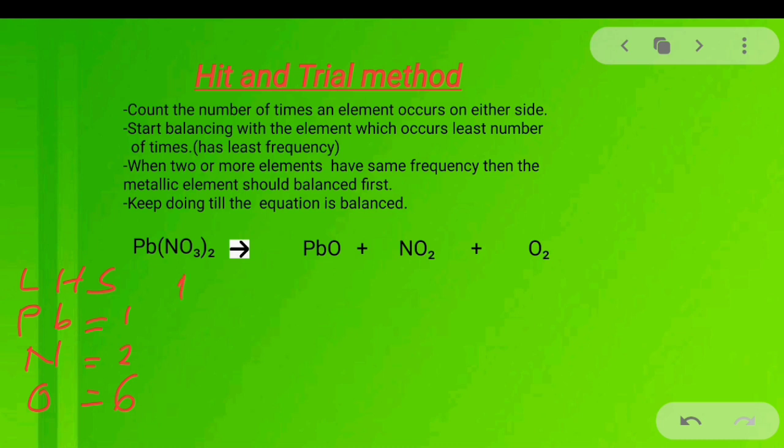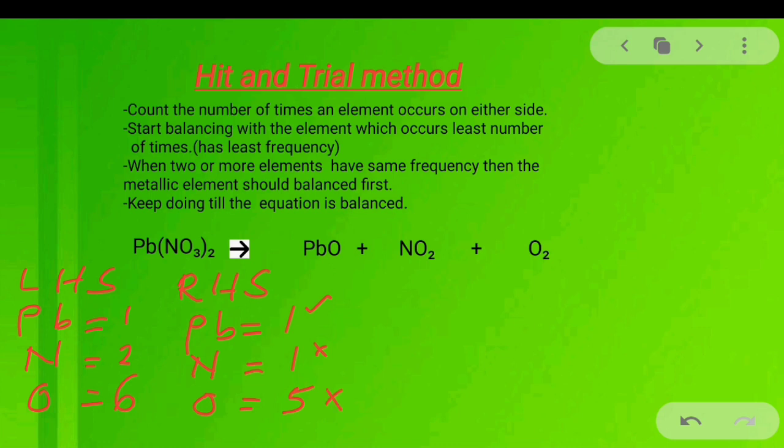Now, on the RHS, the number of lead atoms is equal to 1, the number of nitrogen atoms is equal to 1, and the number of oxygen atoms is equal to 4. So you can see the number of lead atoms is balanced, the number of nitrogen atoms is not balanced, and the number of oxygen atoms is not balanced.